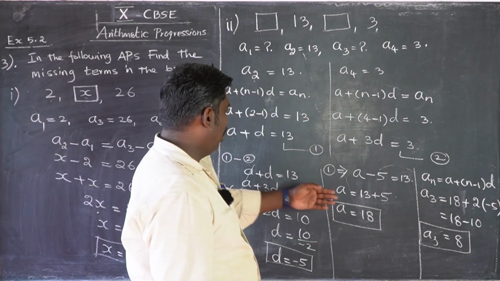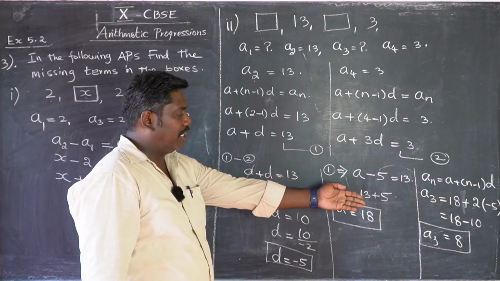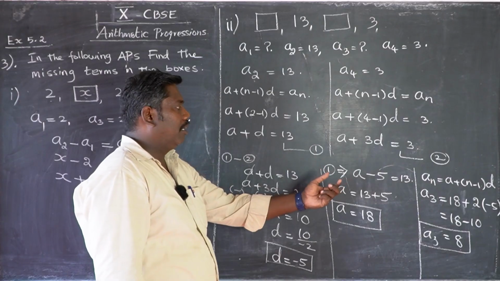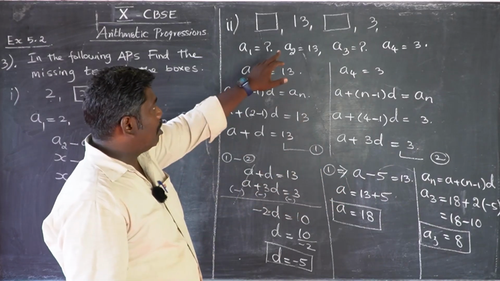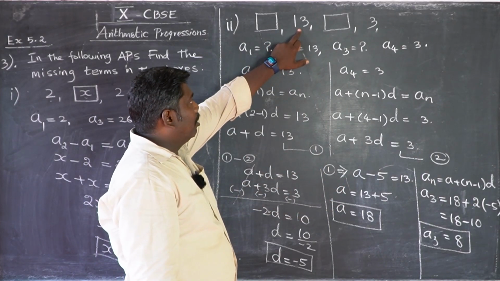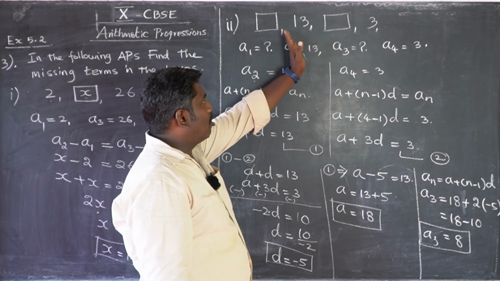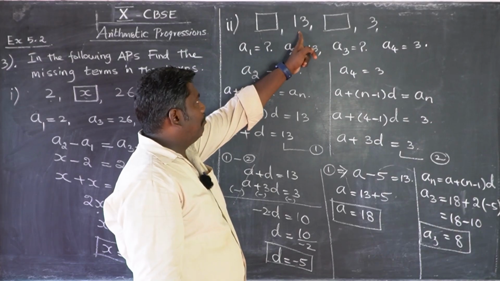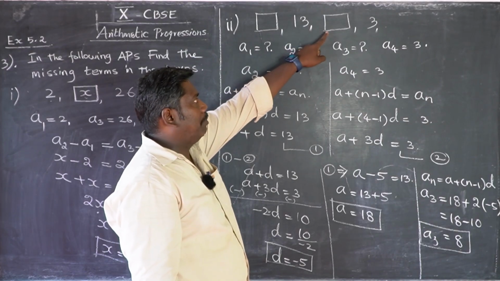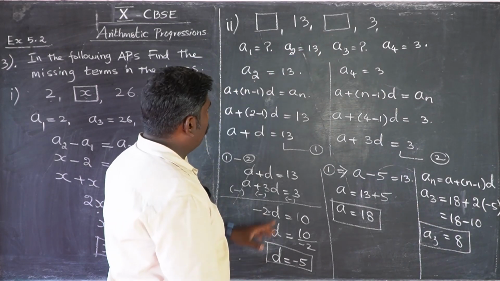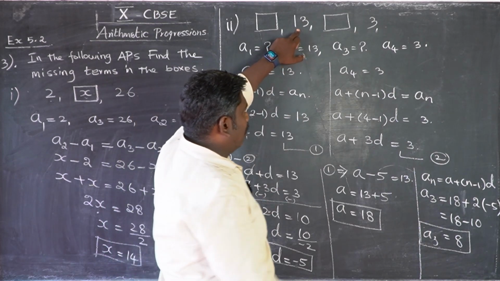By using a value and d value, we can find the third term, or simply we can find the third term because we already know the second term. In an AP, we should add the constant term, that is the common difference. Second term plus common difference becomes the third term. Already we know second term is 13.